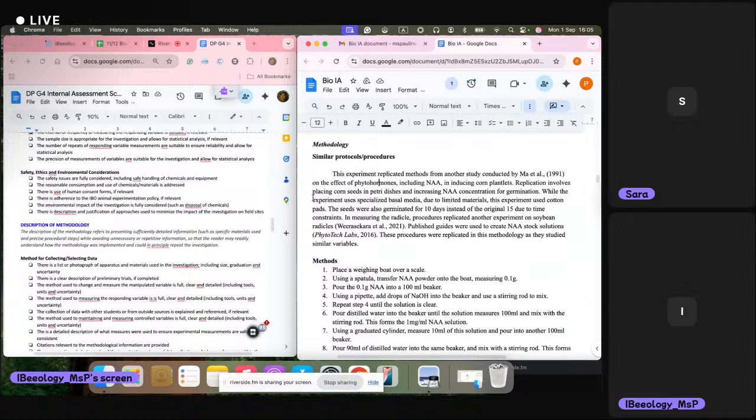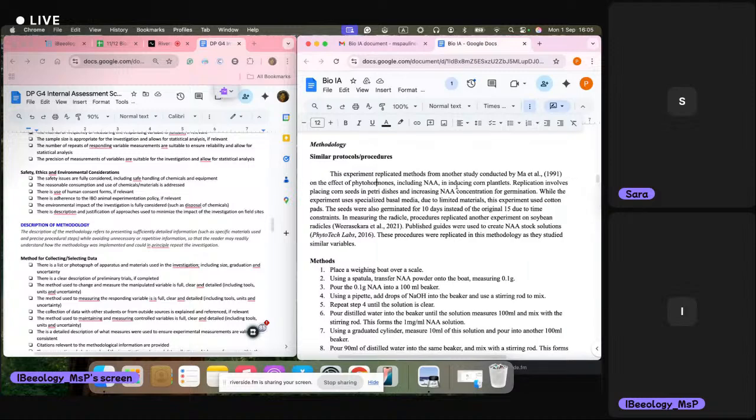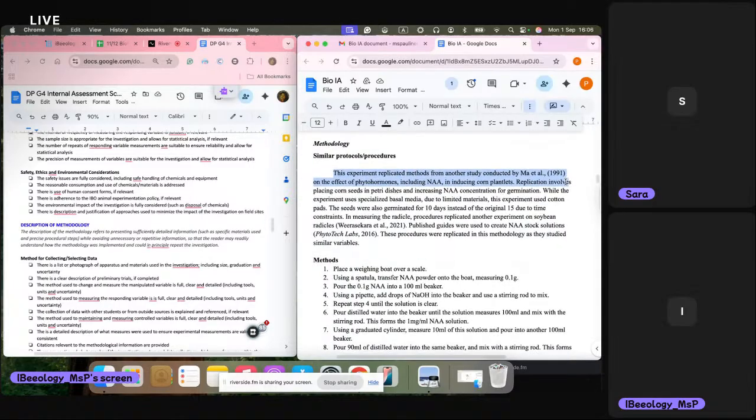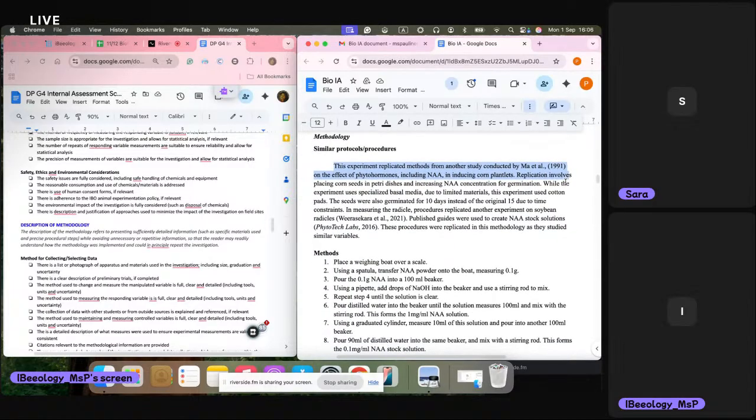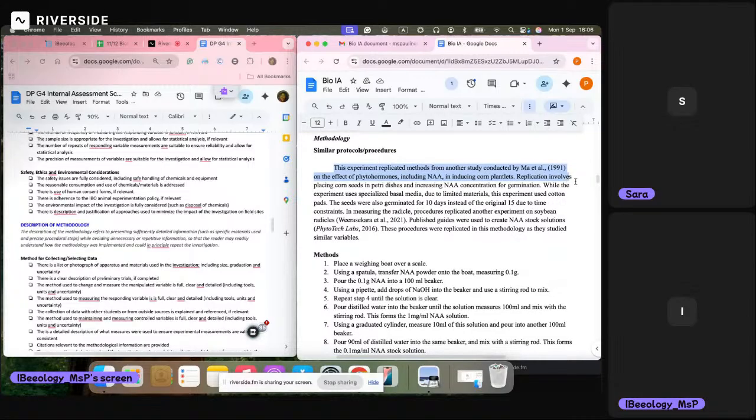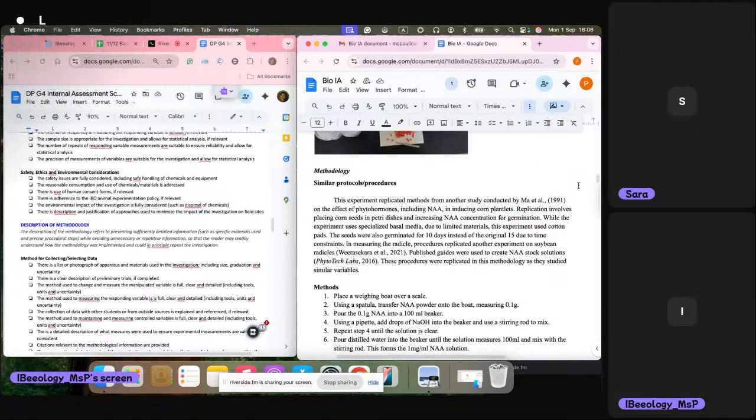Replication involves replacing corn seeds in petri dish and increasing NAA. This is super allowed, but I shouldn't wait until here. It should be in the background, because in the method I'd like to see the steps. I don't need explanations of why you're doing this. It's misplaced. Better to write it in the beginning.